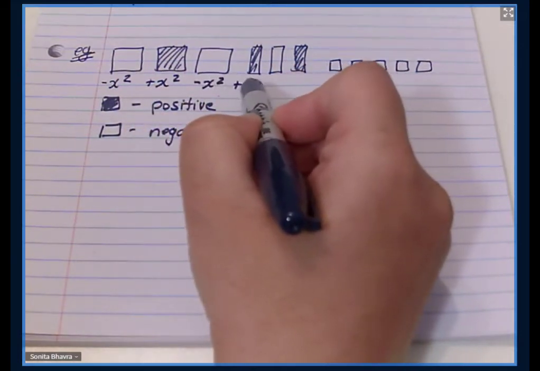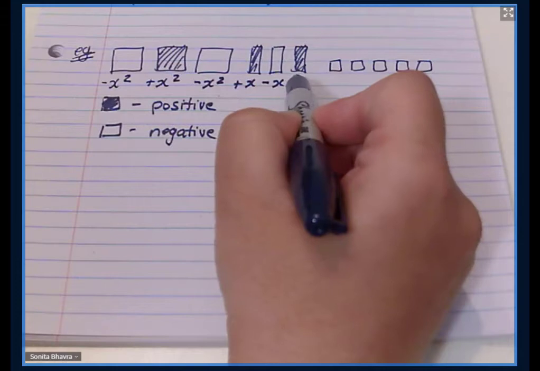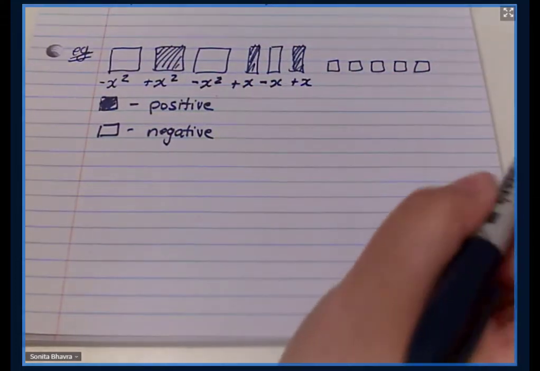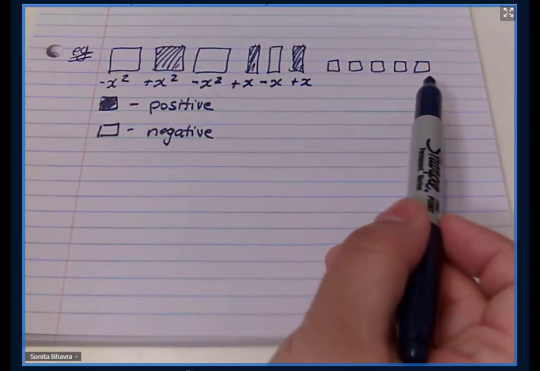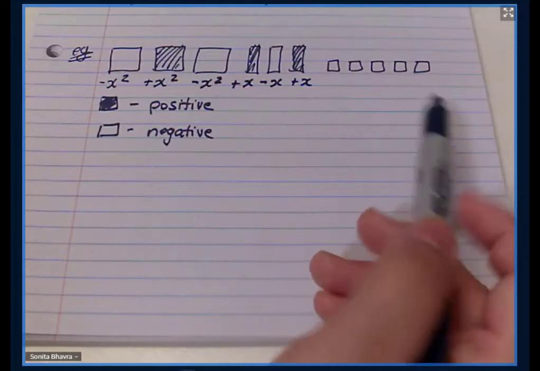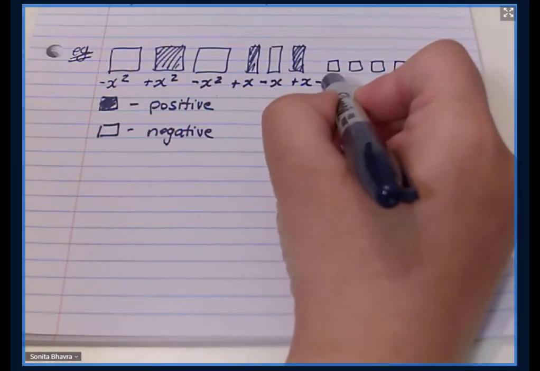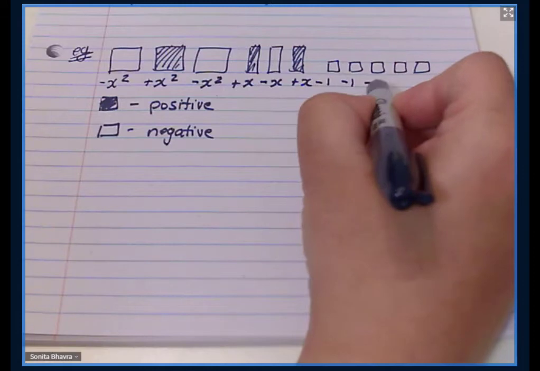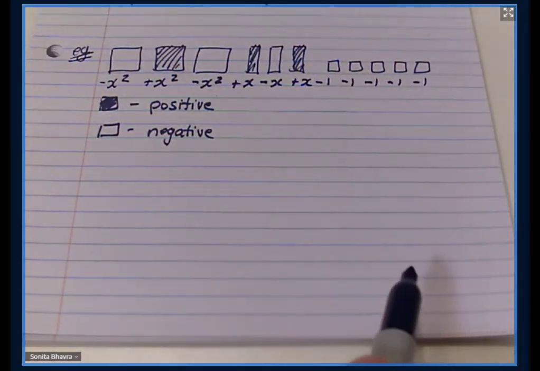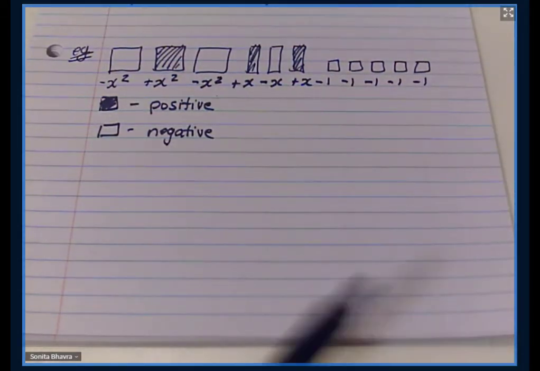This is a plus x, a minus x, and a plus x. And then we have 5 negative 1 tiles. So negative, minus 1, a negative 1. So there's 5 of those. 1, 2, 3, 4, 5. All right. So then you can collect your like terms and you can do it that way.